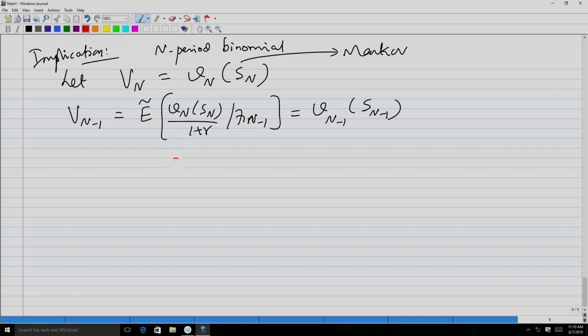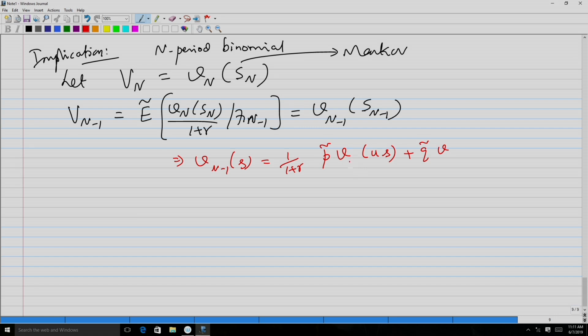So, this implies that my V n minus 1 at S is 1 by 1 plus R, P tilde V n plus 1 in general, plus q tilde of V. I am writing this for any generic step, so I will write only for this step alone.